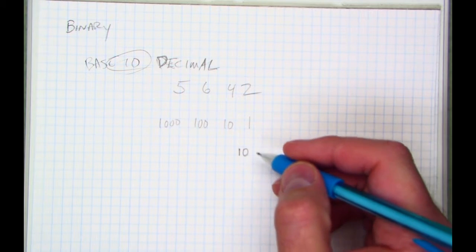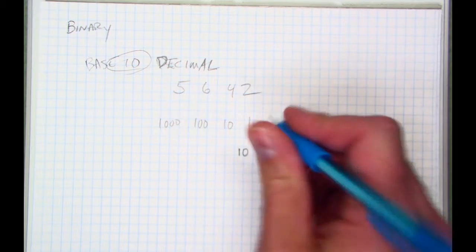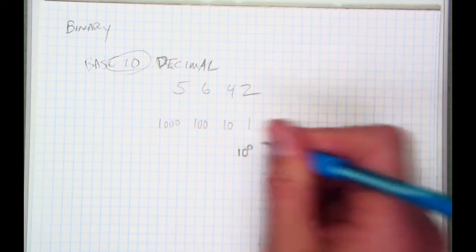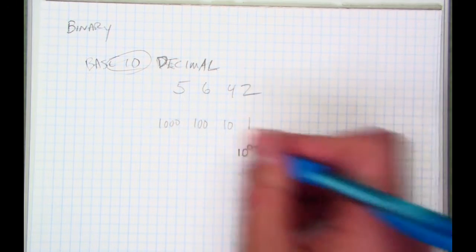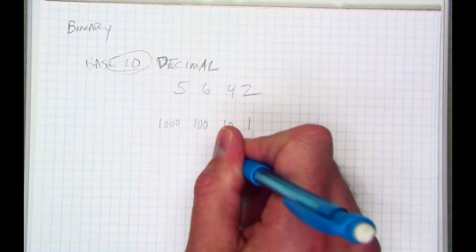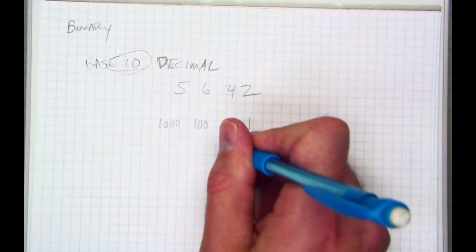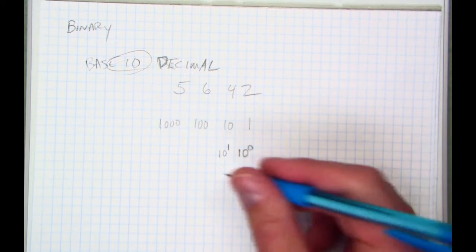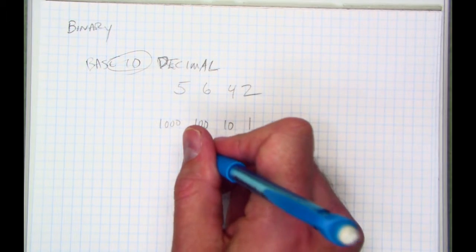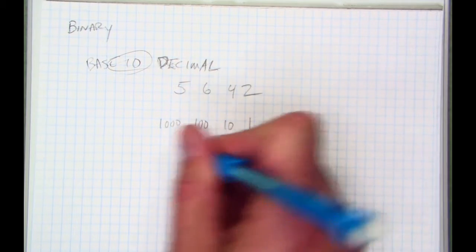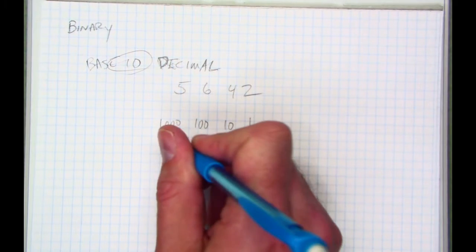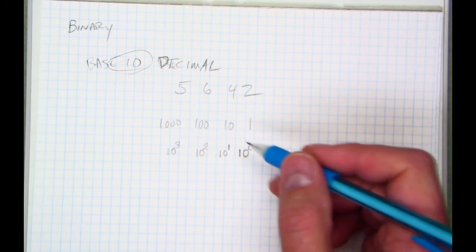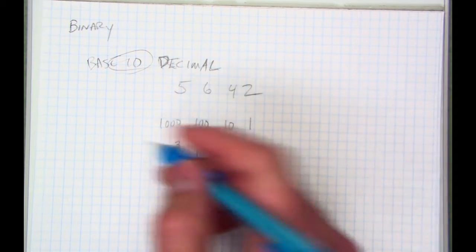Well, if we know our math rules, any number to the 0th power is going to get you 1. And if I want to go from base 10 to the number 10, I can just raise this to the 1 power, and I still get my same number, which would be 10. And if I want to get from 10 to 100, I can take this squared, and to get to 1,000, cubed, so on and so forth.